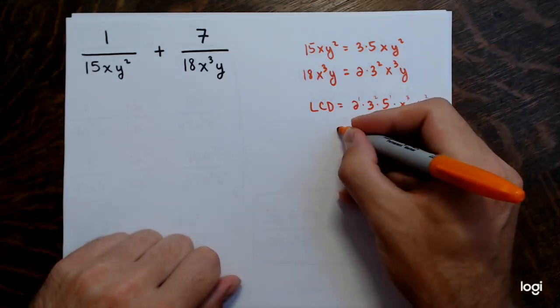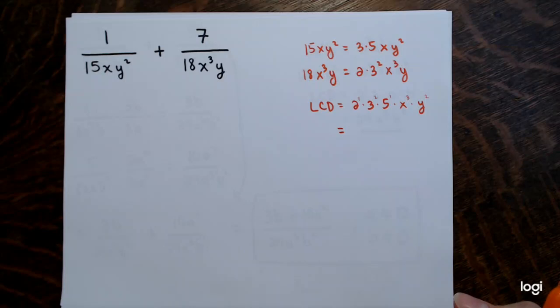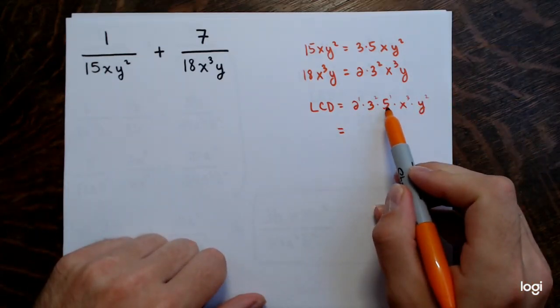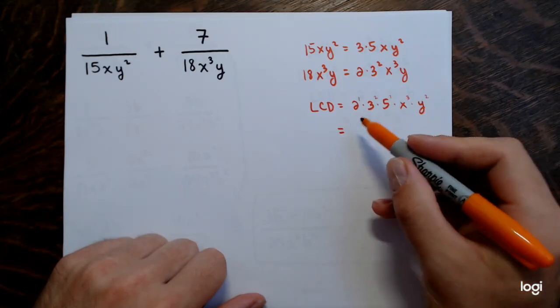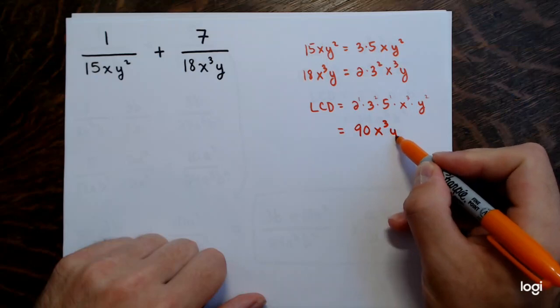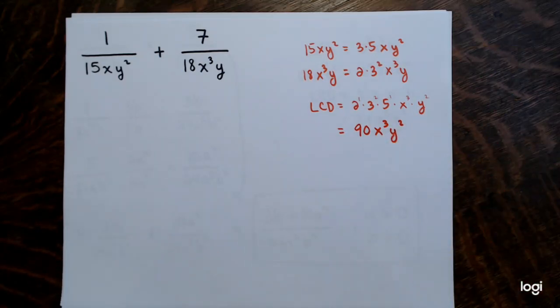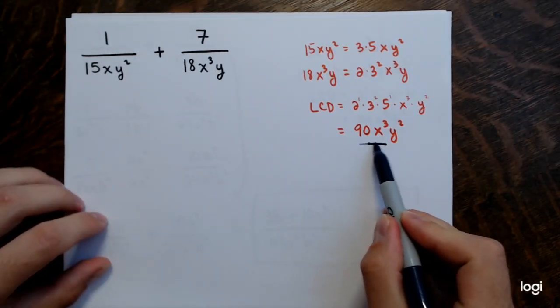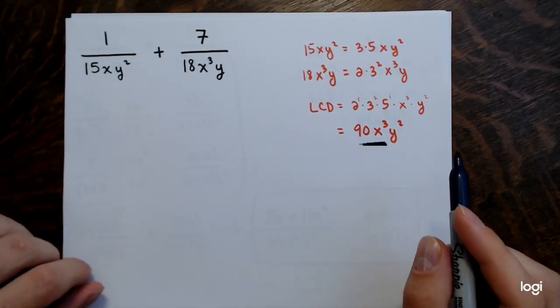All right, so the least common denominator, the least common multiple of the denominators, would be 2 times 3 squared times 5, that's 90, 9 times 10, times x cubed times y squared. And then I'm going to rewrite each fraction as an equivalent fraction with this denominator, 90x cubed y squared.